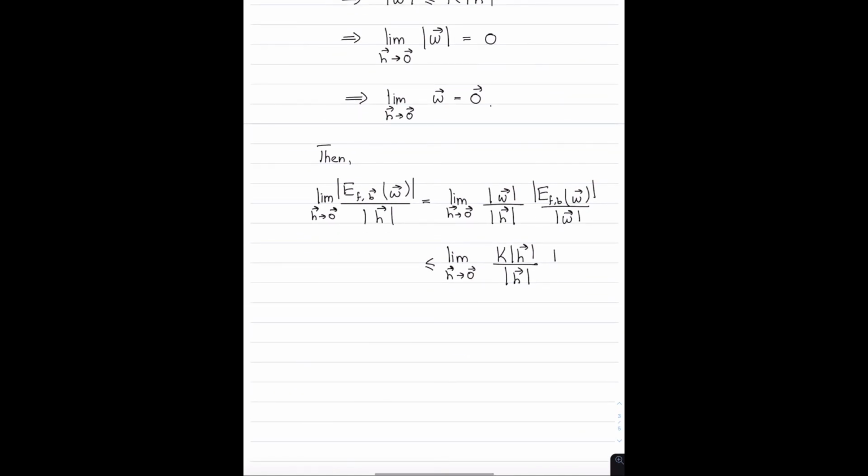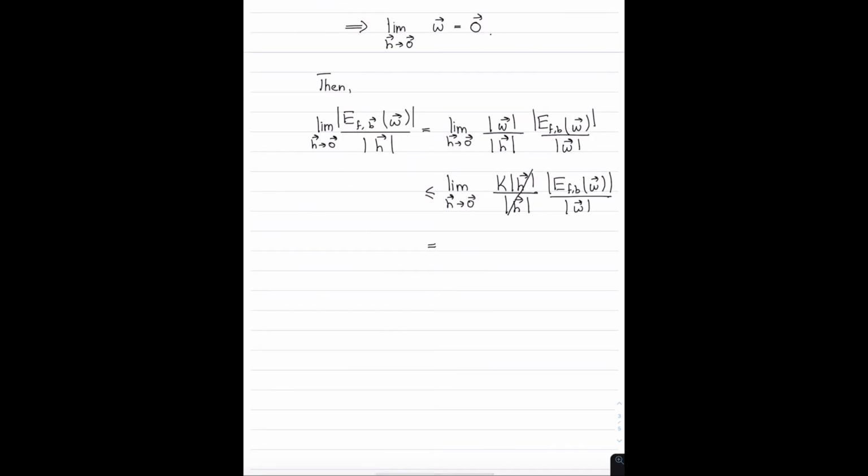And I still have this entire piece, the norm of this error term divided by the norm of w. And this will just cancel out. This now is equal to the limit as vector w approaches the 0 vector, because remember, if h goes to the 0 vector, w is also going to the 0 vector.